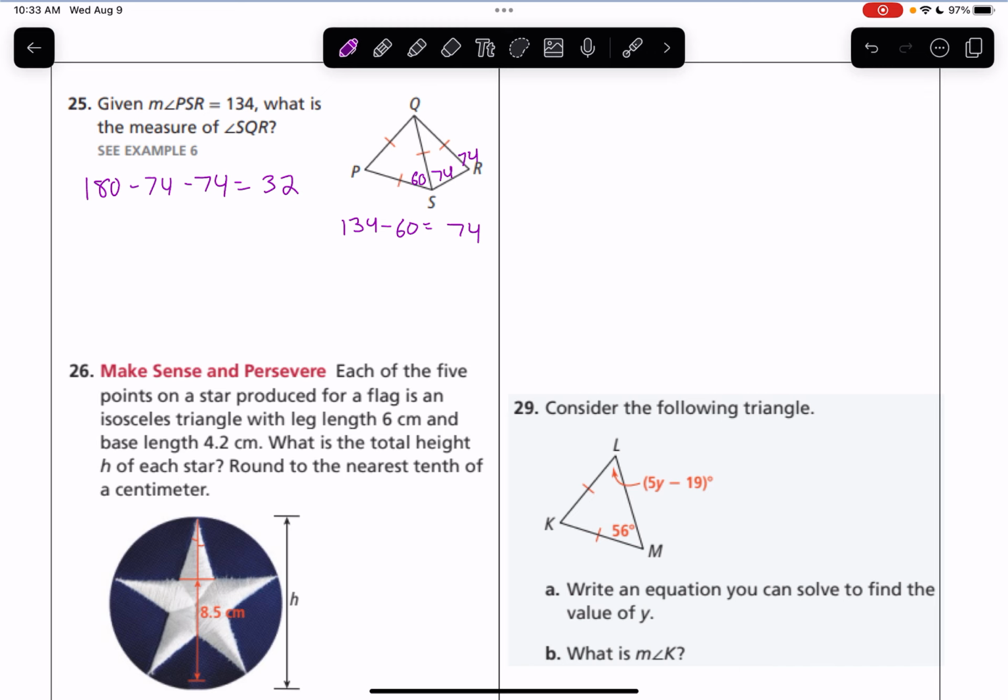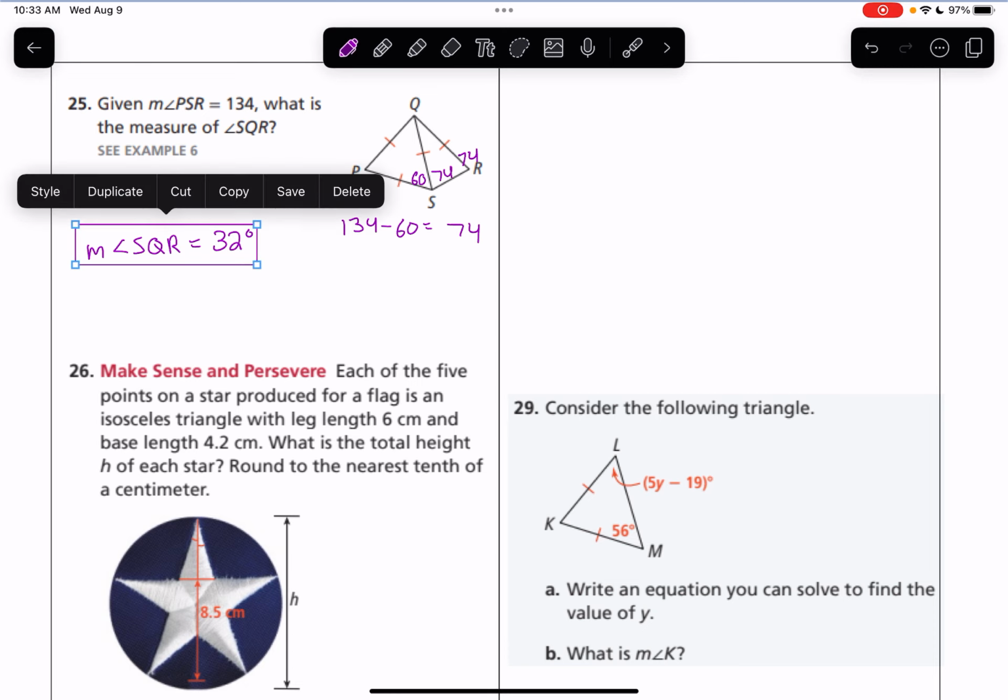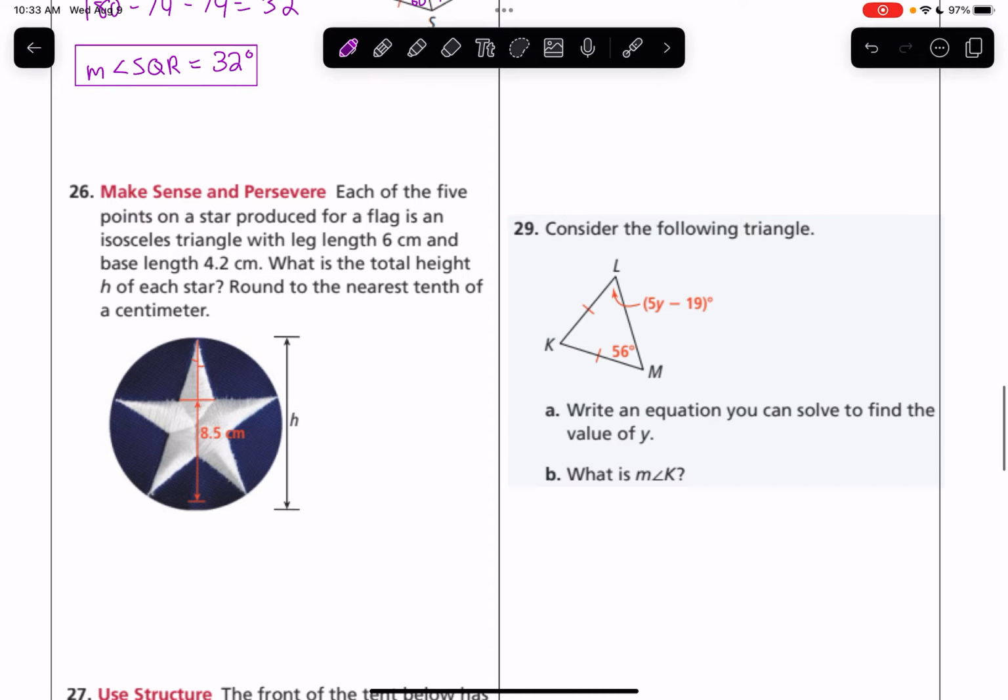So the measure of angle SQR is equal to 32 degrees. There we go.